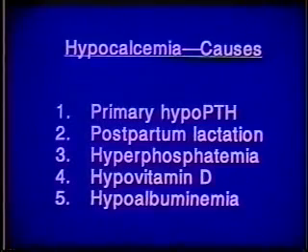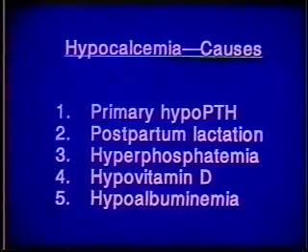The primary causes include primary hypoparathyroidism, postpartum lactation, hyperphosphatemia, as might be brought about with the fleet enemas that contain high levels of phosphorus that can be eventually absorbed through the bowel, hypovitaminosis D, which is rare, and hypoalbuminemia.